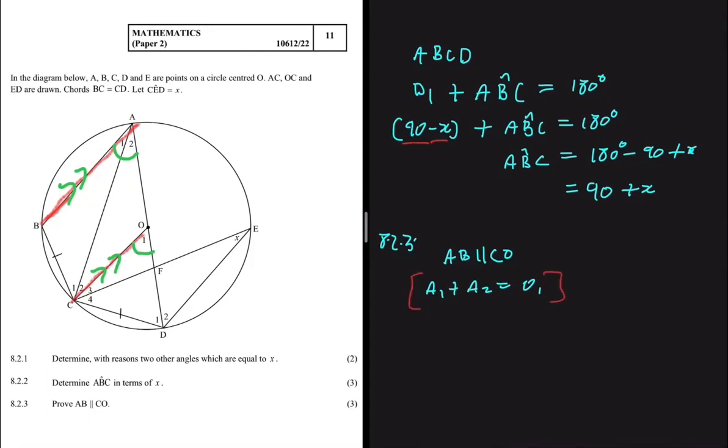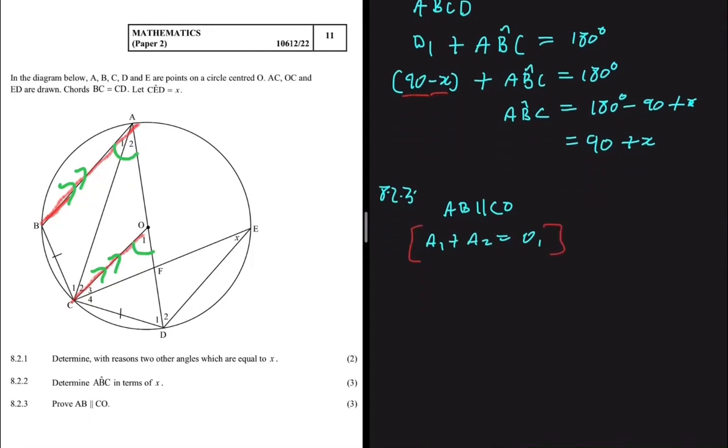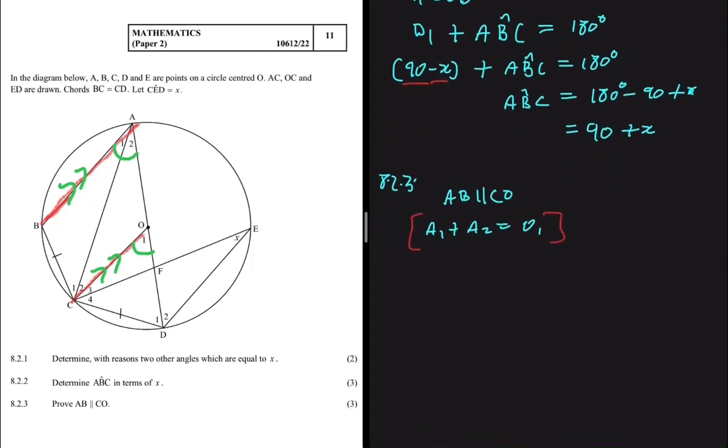So let's see what we can do here. We know that A1 is X and A2 is X. So A1 plus A2 should be equal to X plus X, which is 2X. If we find a way to say that O1 is equal to 2X, then we are done with our problem. I kid you not, if you look here, you will realize that O1 is an angle at the center, and it should be 2 times the angle at the circumference.